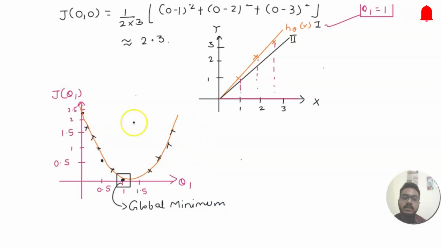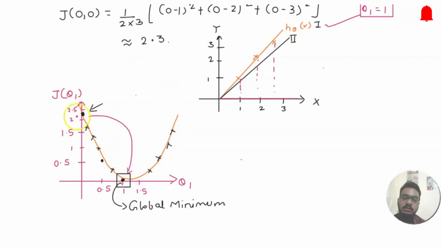What does that mean? Suppose for a certain value of theta 1 we are getting this line. Our ultimate aim should be to get a line which gives this value of J(theta 1), that is, to reach the global minimum.